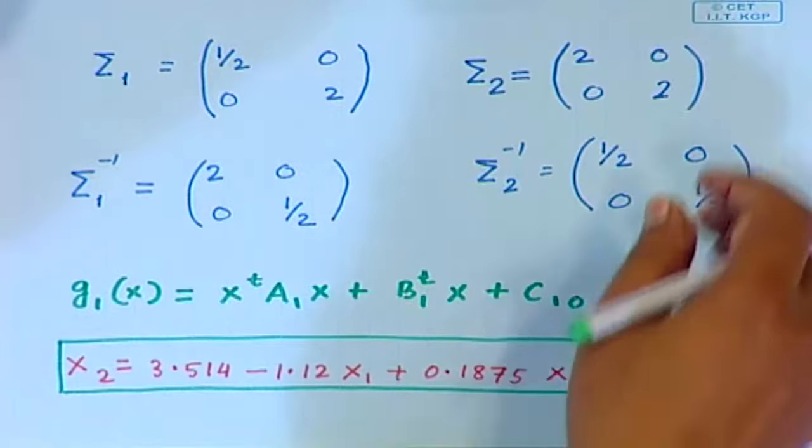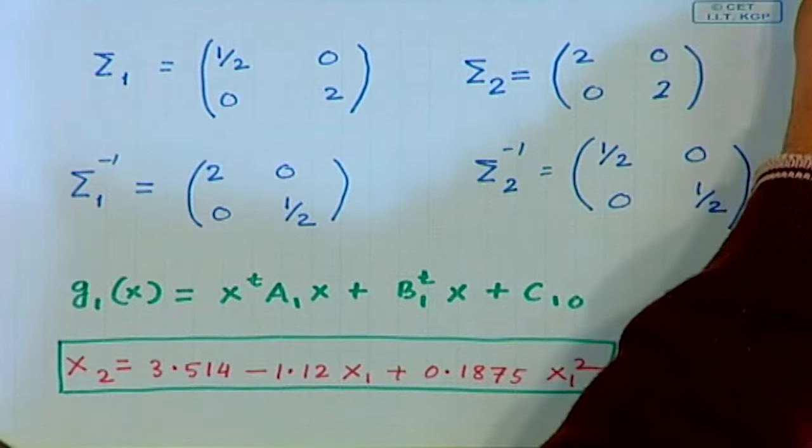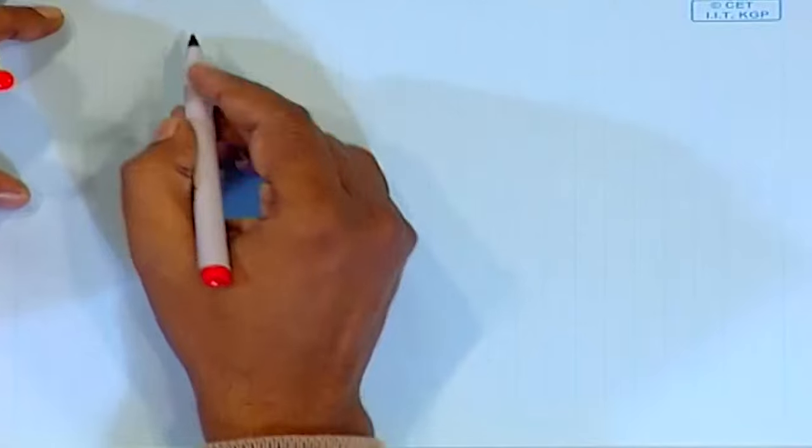Now, if I want to find out how this quadratic curve looks, I'll simply plot these points on paper and see how the surface looks.